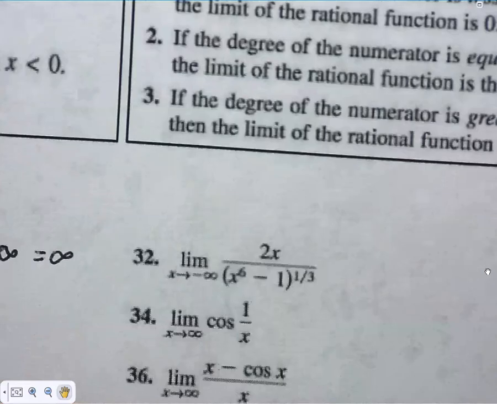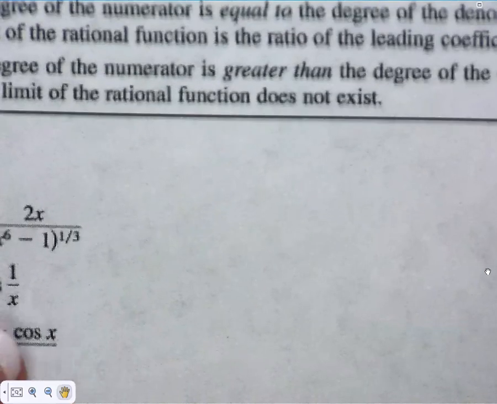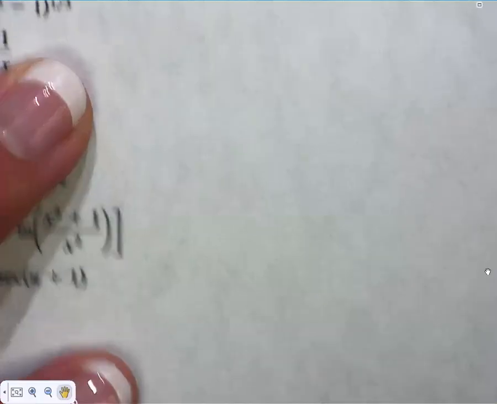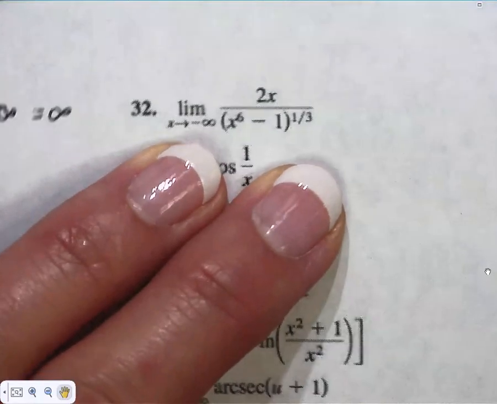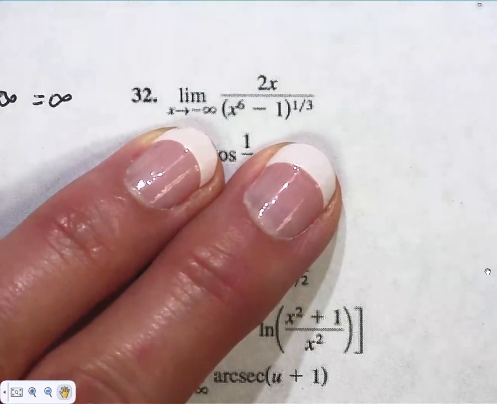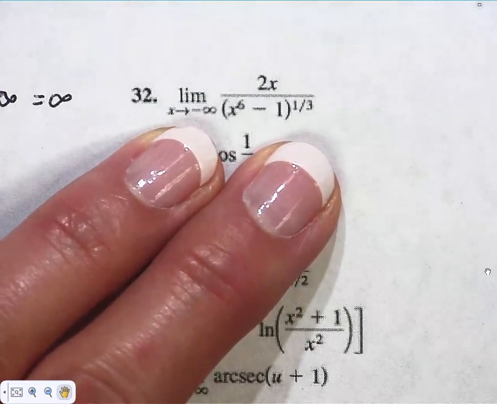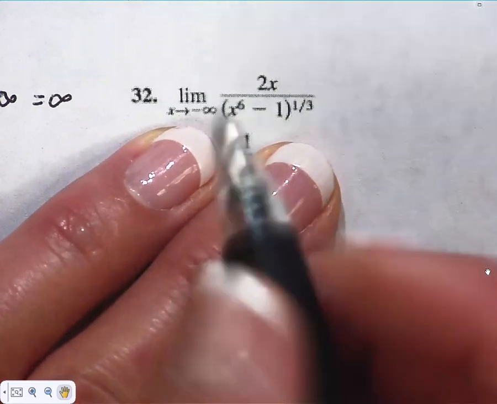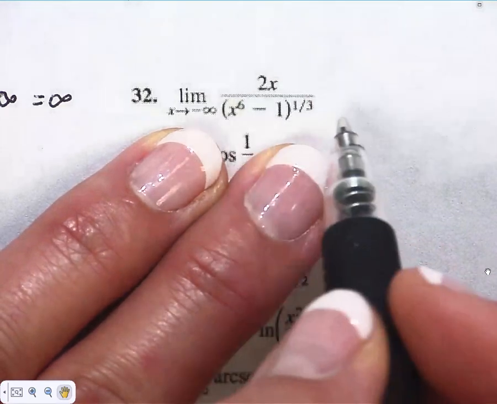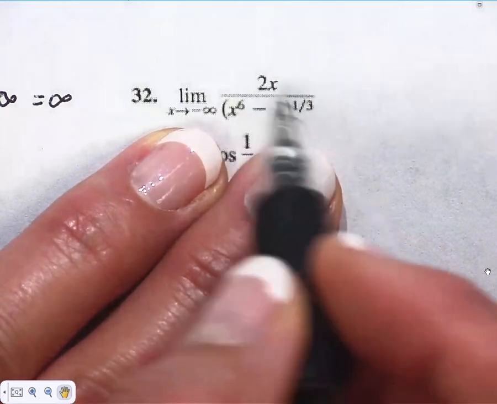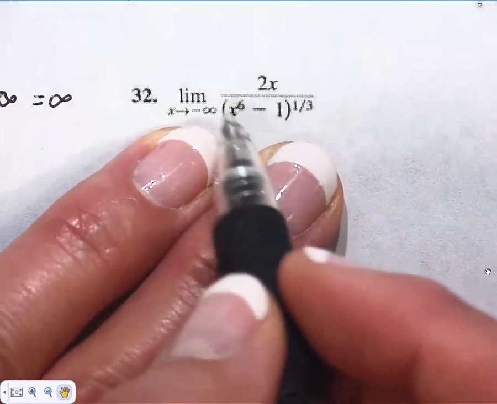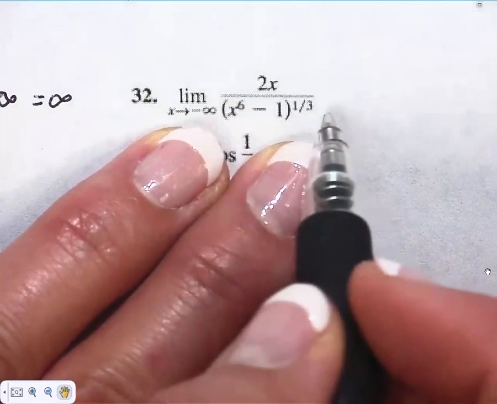All right. Let's do 32 together, and then I'm going to turn you loose on 34 and 36. 32, the degree of the numerator is 1, and the degree of the denominator is, technically, you know you can't distribute that 1/3, but subtracting 1 from a trillion is practically negligible, so you can go ahead and say that's basically just x squared.